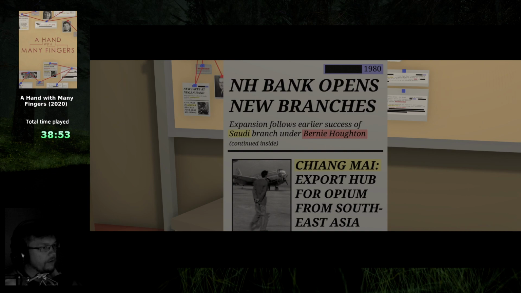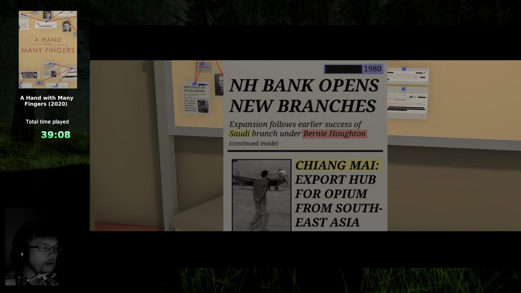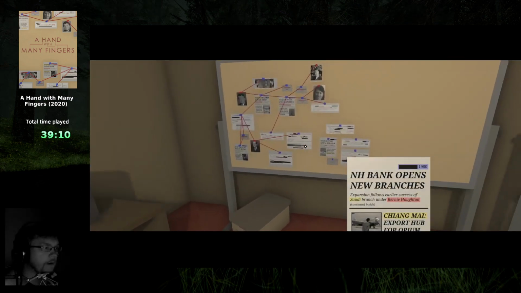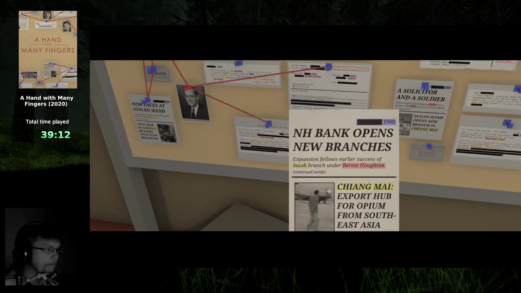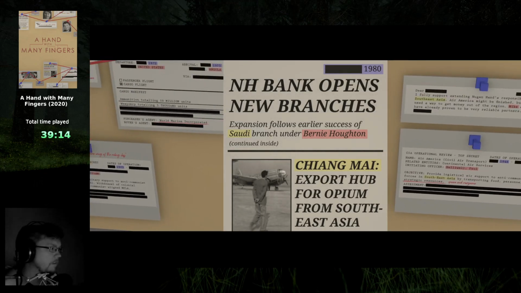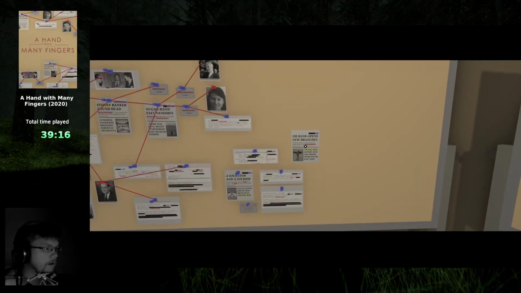Expansion follows earlier success of Saudi branch under Bernie Houghton. Chiang Mai export hub for opium from Southeast Asia. And CIA was taking opium there. You know that much. Where did it say so? There.